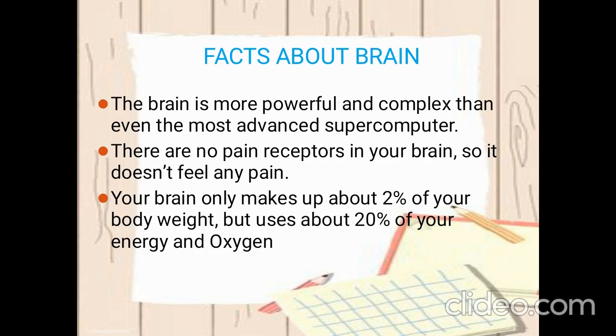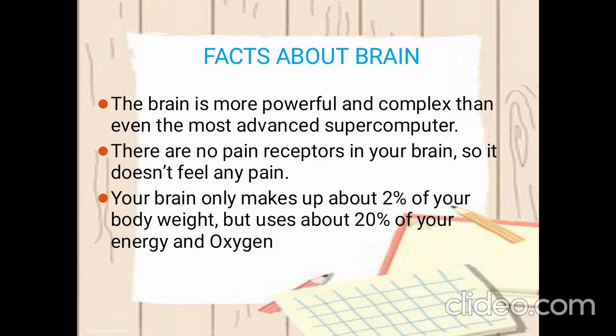In consuming energy and oxygen, 20% is utilized by the brain itself. The remaining 80% is utilized for the rest of our body. Could you clear about that? In our body, we consume energy and oxygen in order to do actions, right? In that, 20% is utilized for the brain itself.